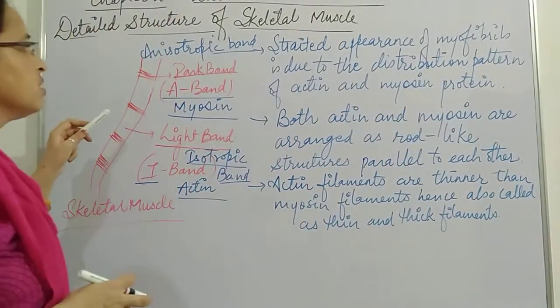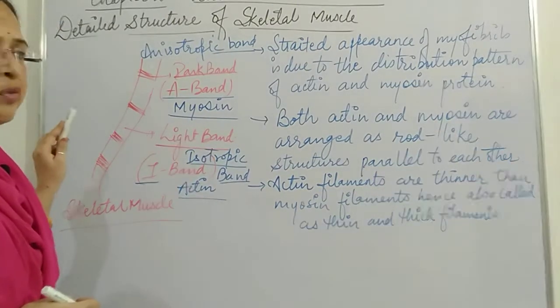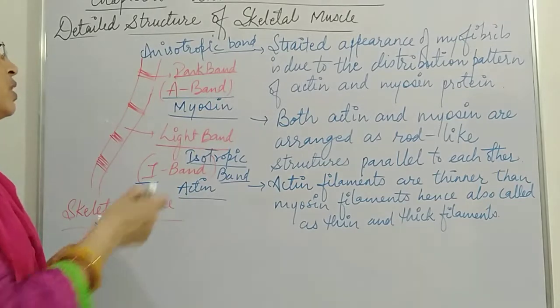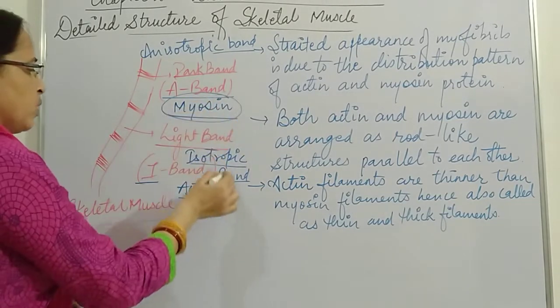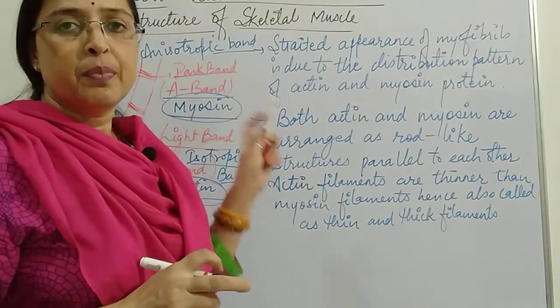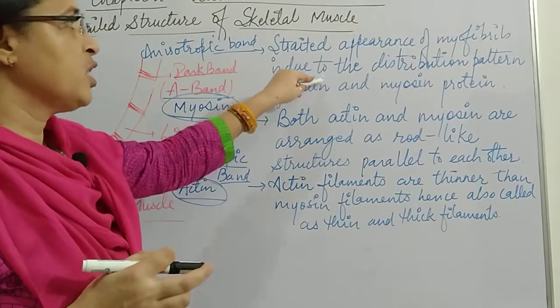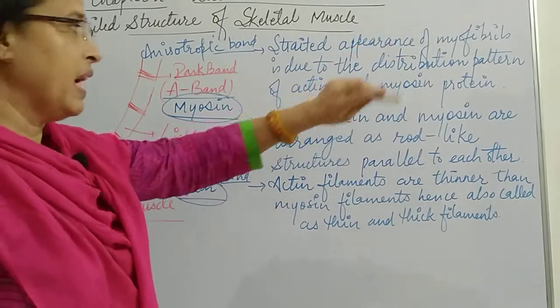It means the striations which appear on the skeletal filament or in the myofibril are just because of the presence of myosin and actin protein, in a proper arrangement, or we say a distribution pattern.